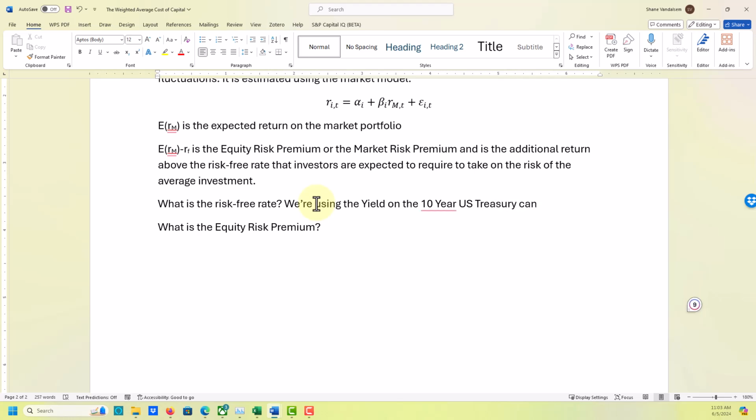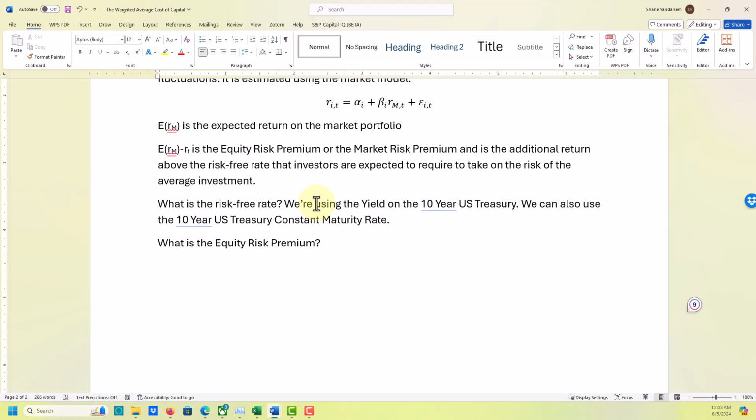And we can also use the 10-year U.S. Treasury constant maturity rate. They are extremely similar. The calculation is just slightly different.